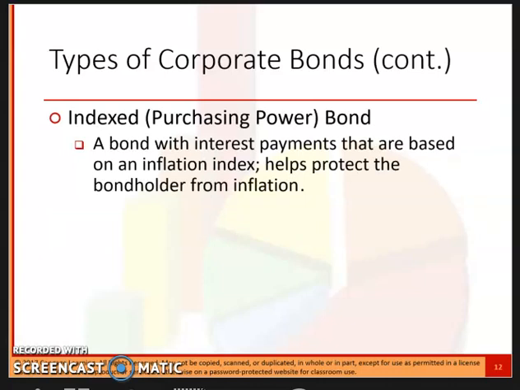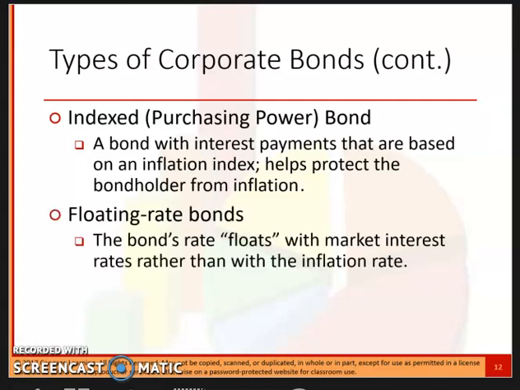Also index or purchasing power bonds, bonds with interest payments that are based on an inflation index, which helps protect the bondholder from inflation. I don't know a specific example here, but the U.S. Treasury issues what are called TIPS, Treasury Inflation Protected Securities. Those are an example of an index bond.